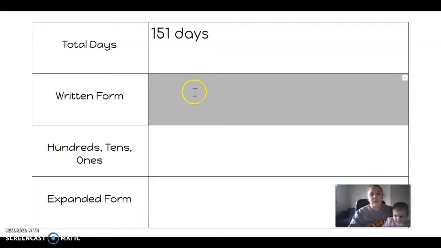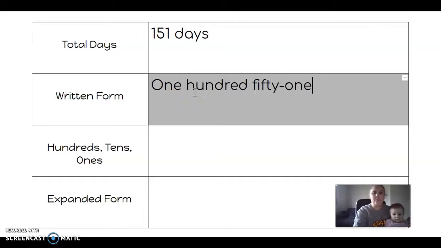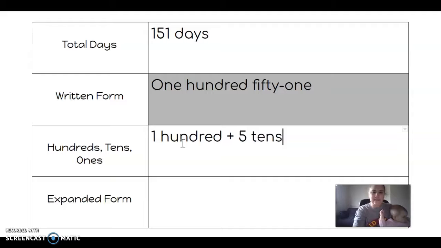Okay. Written form: 151. And how many hundreds, tens, and ones? One hundred plus 5 tens plus 1 one, and that equals 151.